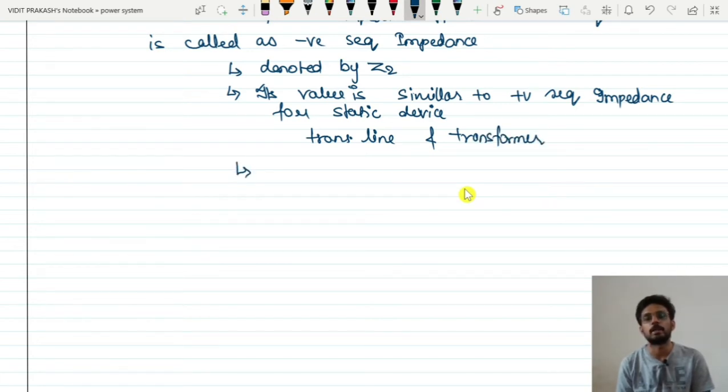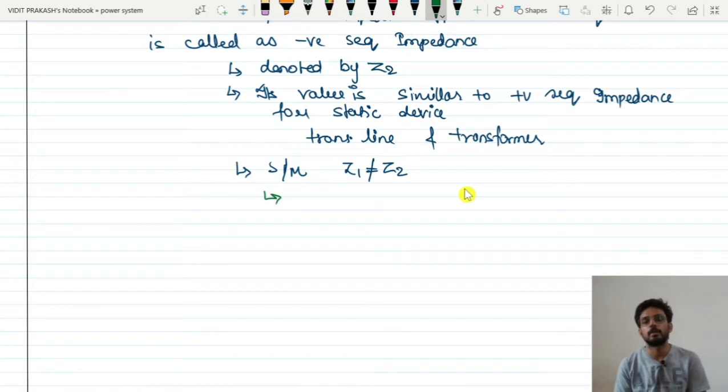But in the case of a synchronous machine, Z1 will not be equal to Z2. This is because the flux linkage in the negative sequence operation is not equal to that in the positive sequence operation.